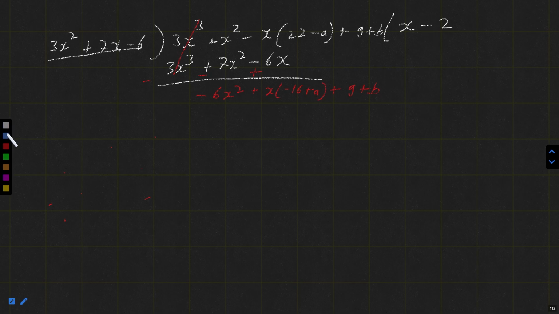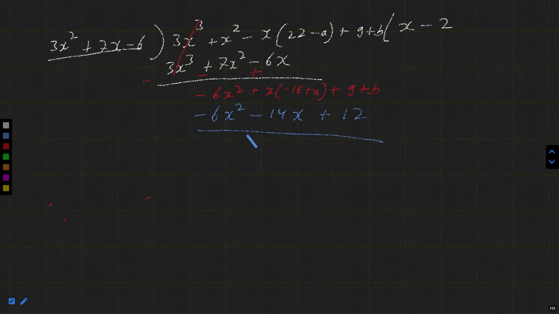So after multiplying by minus 2, you will get minus 6x squared, minus 14x and plus 18. Indeed, minus 6 multiplied by minus 2 will be plus 12.